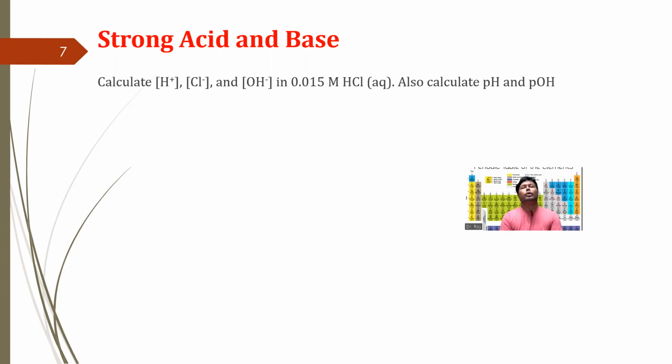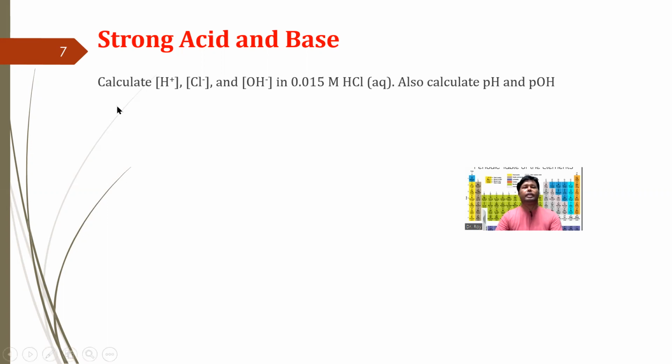Or if we consider a base, if the base can be completely ionized, that is a strong base, and the opposite is weak. That means if the acid or base cannot be completely ionized, or it is ionized only partially, it is considered a weak acid or base.